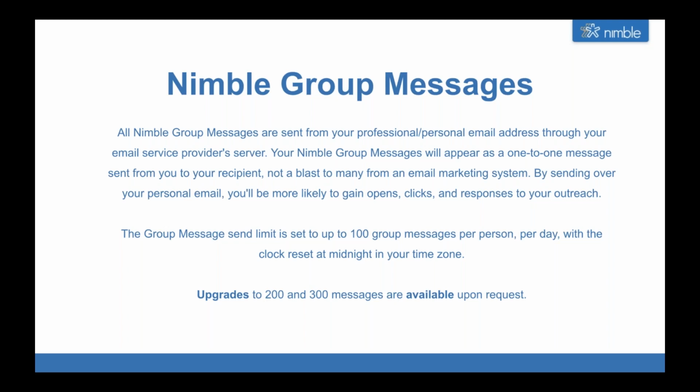But it also makes it look more authentic, because Nimble helps you to grab the first name of everybody, so to make the outreach more personalized. And it's also sent via your email provider.